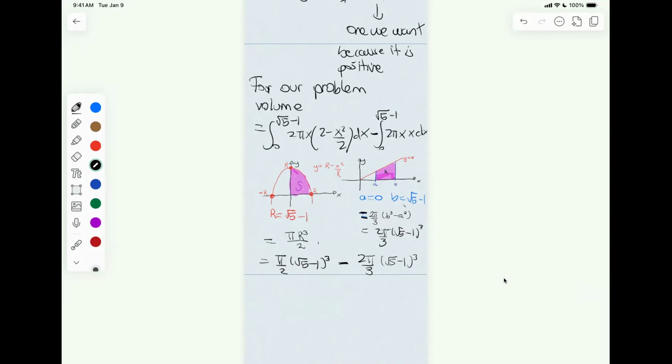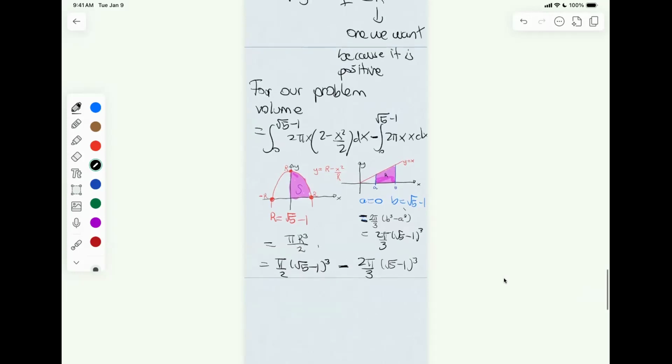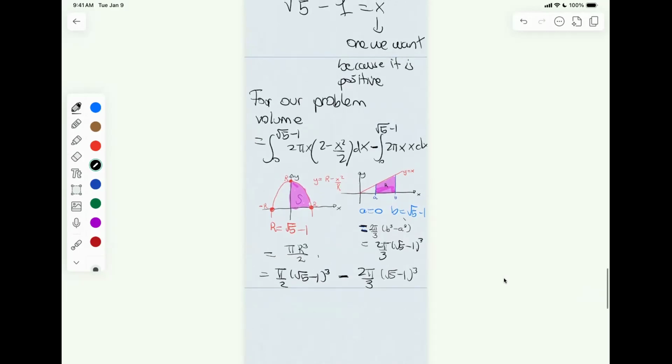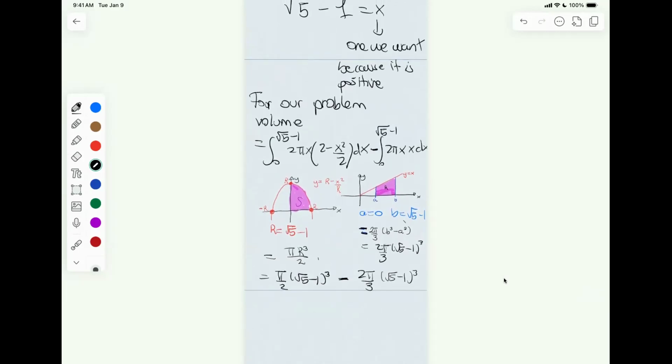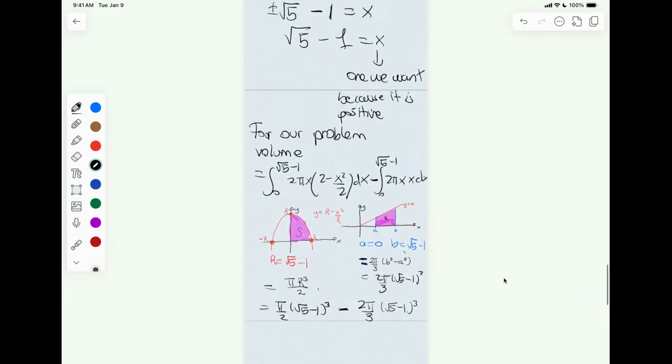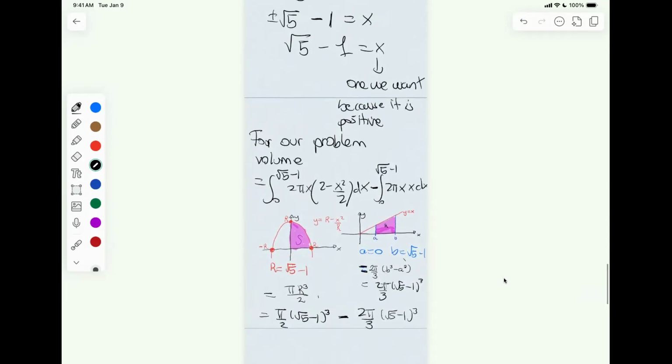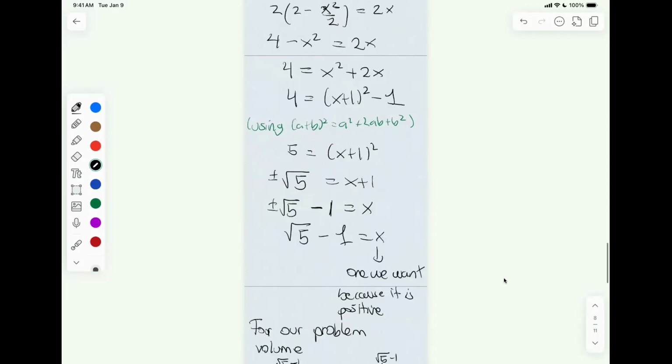Let me see something. Wait, let me check. Did I do all of this correctly? Sorry, let me check this because I don't know if you see what I'm seeing.